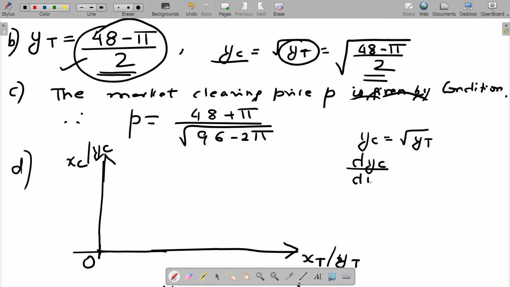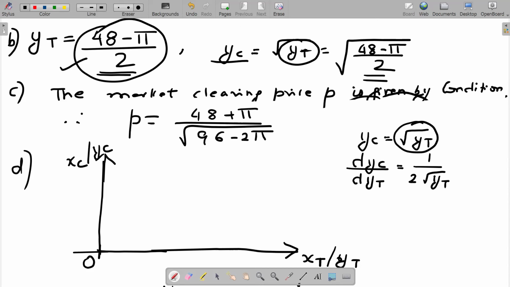If I do dYC by dYT, if I differentiate this with respect to YT, I get 1 over 2 times the square root of YT. This is what I get as dYC by dYT.